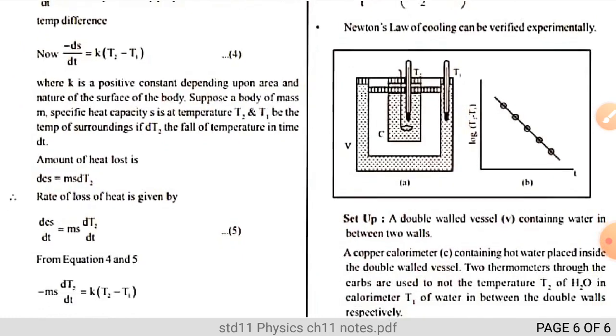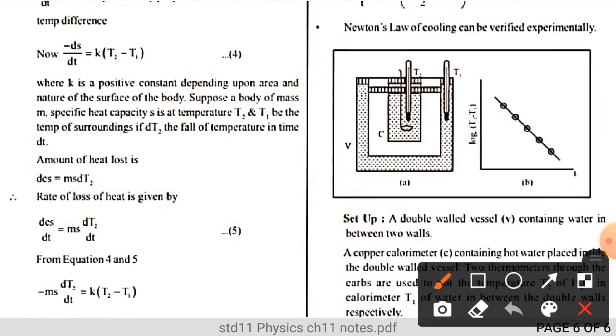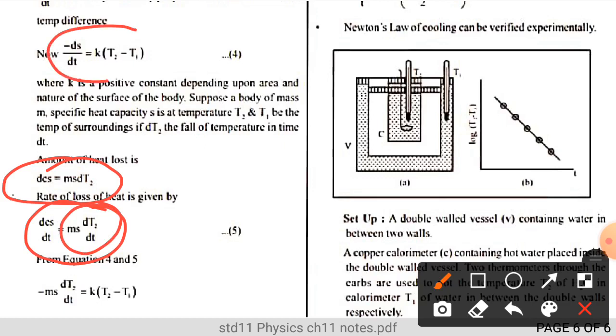We can express that amount of heat, right? So dQ is equal to m s dT2. If we differentiate this equation with respect to time, then we get dQ by dt is equal to m s dT2 by dt, right? We discussed that formula earlier.